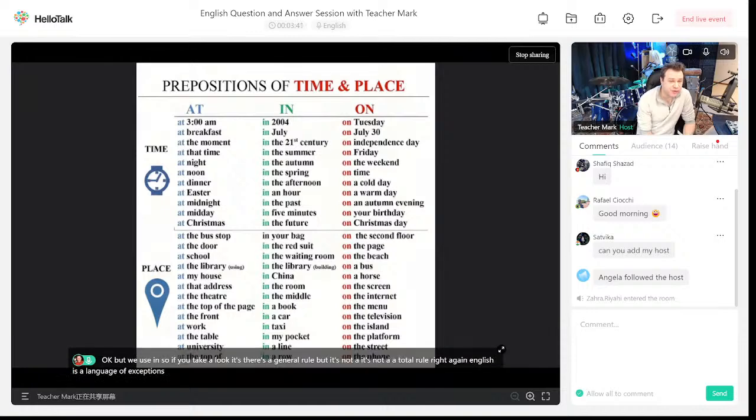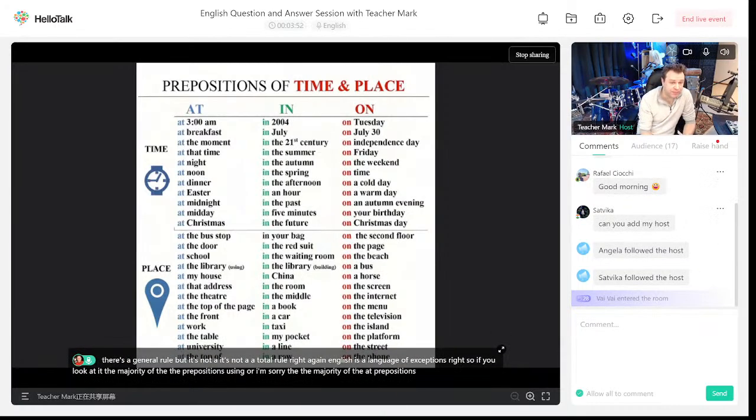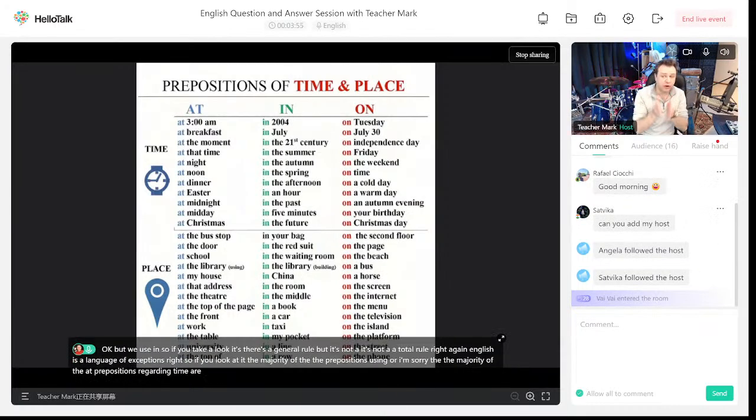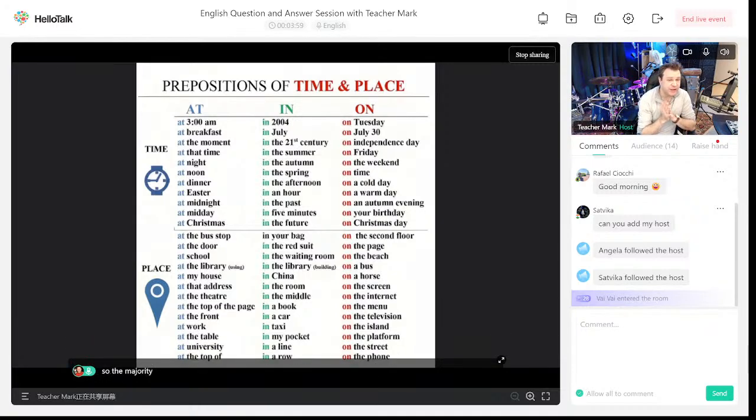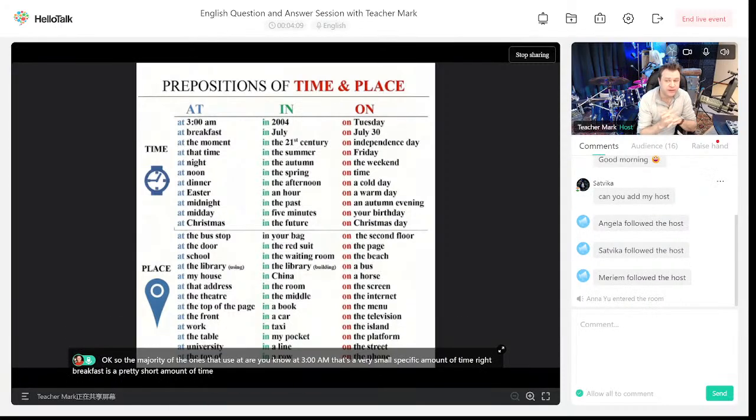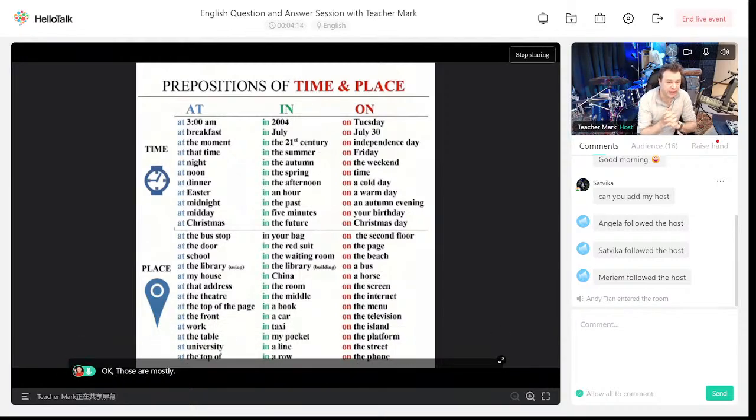The majority of the prepositions using at regarding time are talking about a smaller moment of time. At 3 a.m. is a very small, specific amount of time, right? Breakfast is a pretty short amount of time, at the moment. Those are mostly small amounts of time, mostly.